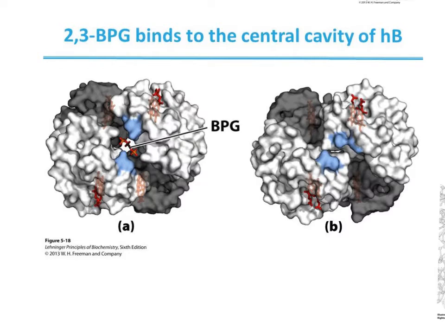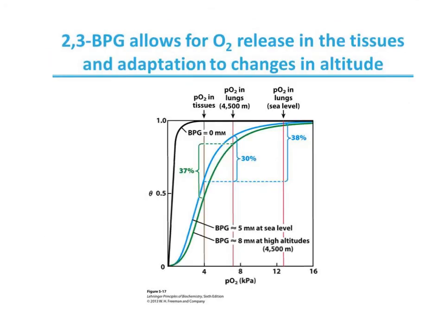All those things are an indication that oxygen's needed in a certain area, and so that's a great cue to push the release of oxygen from hemoglobin. So BPG levels are one way that your body can adjust to different concentrations of oxygen as you're exposed.